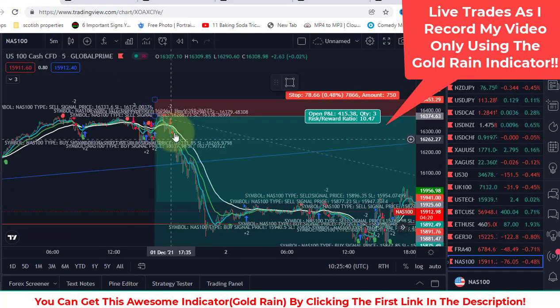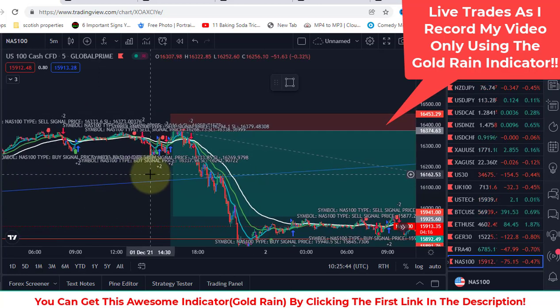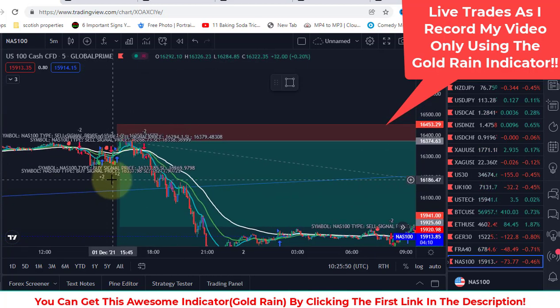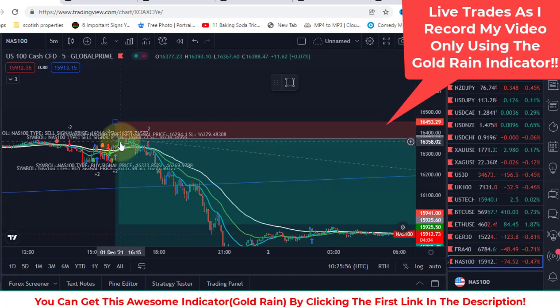But with 5 minutes you have fewer. Based on the higher time frame, you expect price to go down, and then for your entry you look at the 5 minute time frame, and I think I entered somewhere here. Yeah, I entered here.